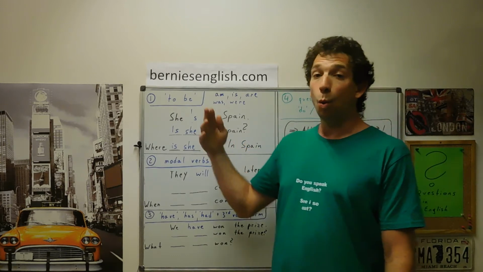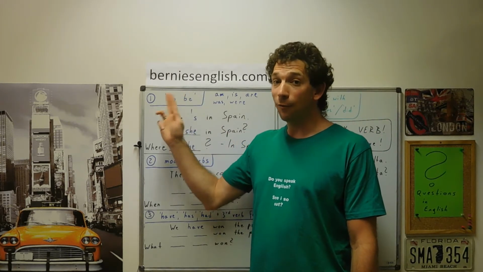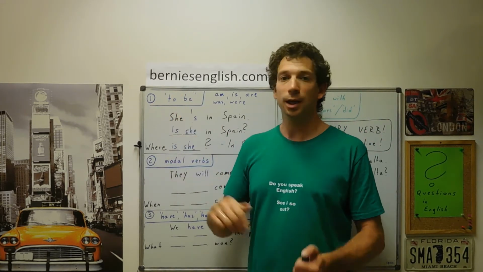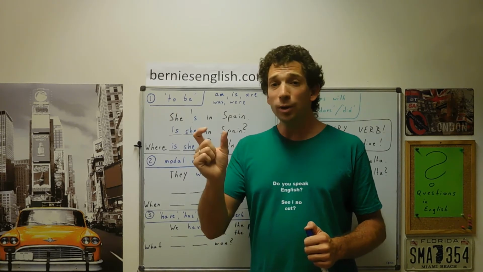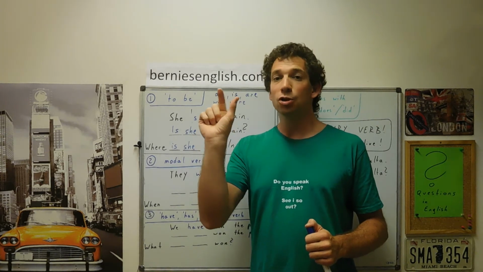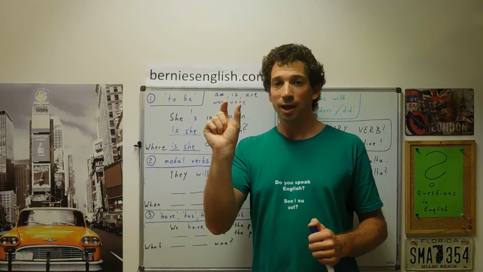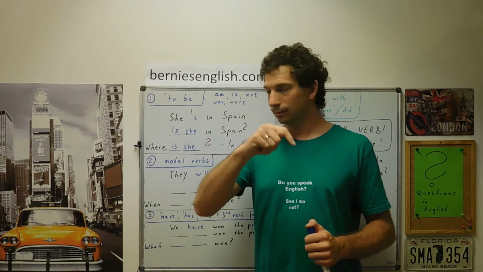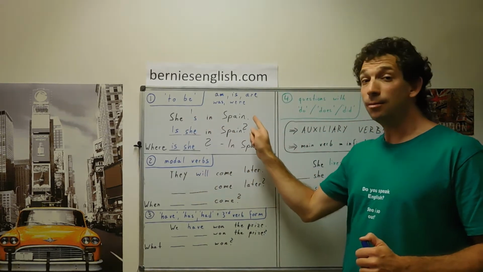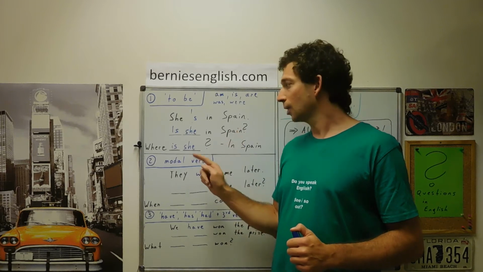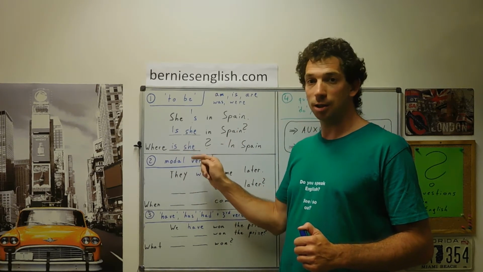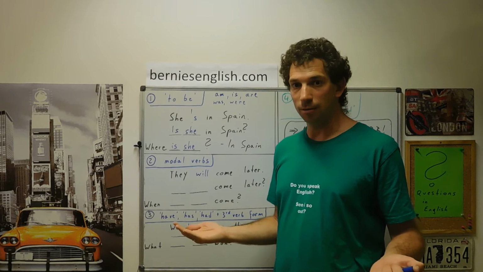So, when we have a form of the verb to be in our sentence, and we want to make a question, all we do is simply turn around the subject and the verb. She is in Spain. Is she in Spain? Where is she?